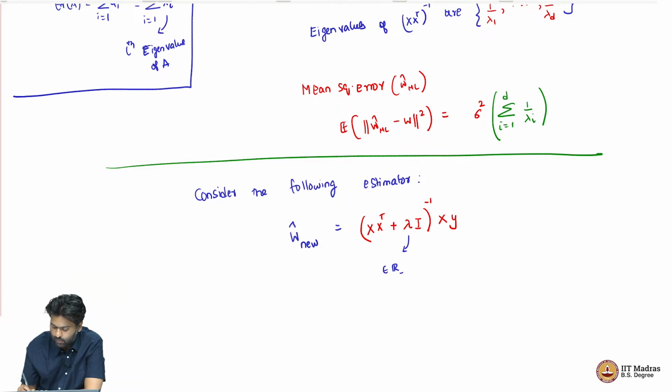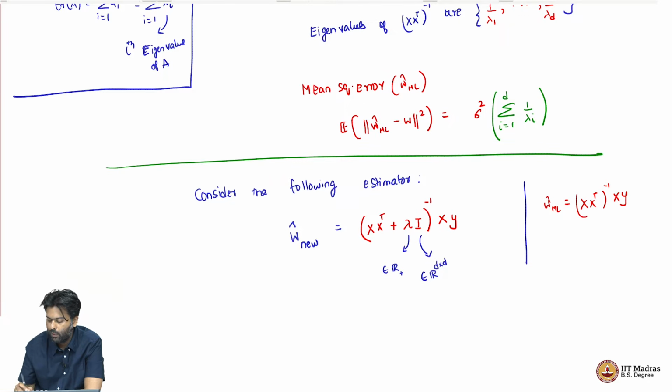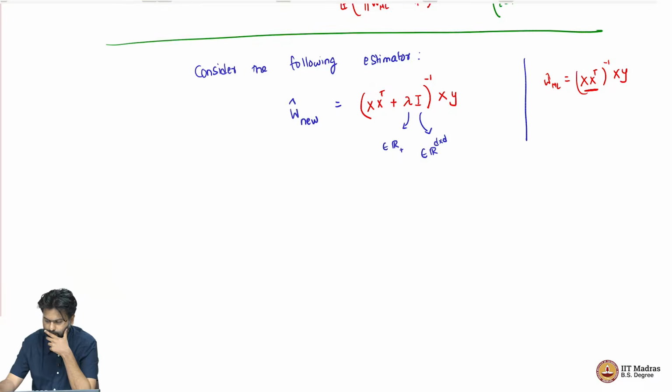Let us even say this is a positive real number. I is just a D cross D identity matrix, which has ones on the diagonal, right. If you want to compare this with our w hat ml, remember w hat ml was just x transpose x inverse x y. Now inside this we are adding lambda I. Let us see what that gives us.